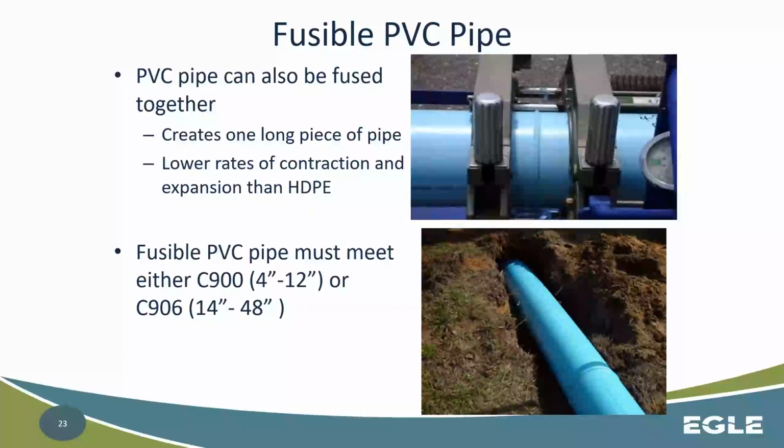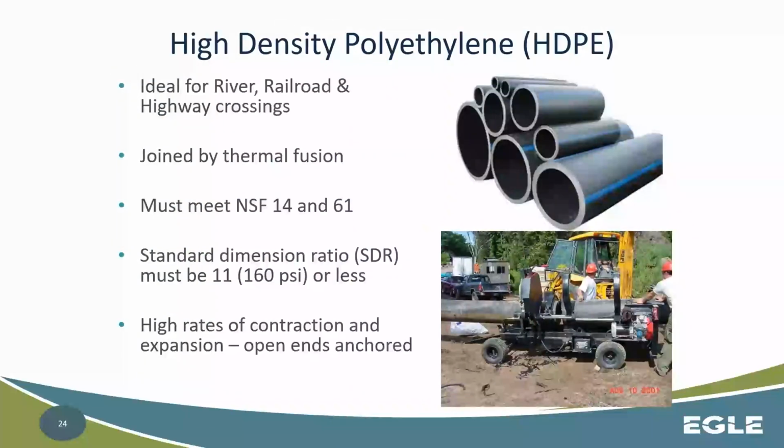So again, it is slightly different, but this is just another example of it. I believe that is one different AWWA standard there. C900 is the same, but I believe C906 is different. If I recall correctly, I think that was C905. But yeah, just another example of potential there for PVC.